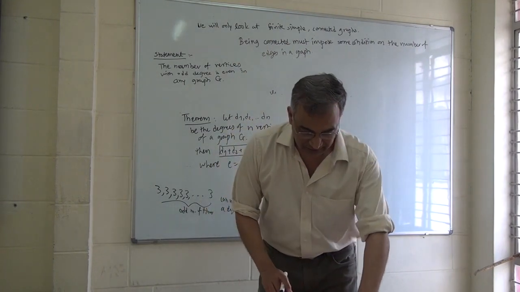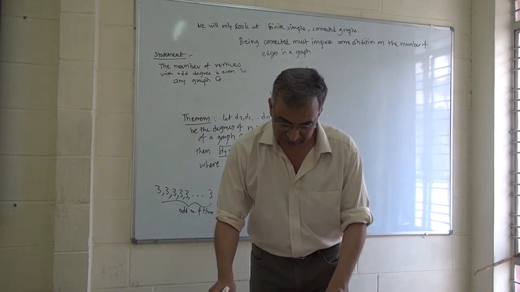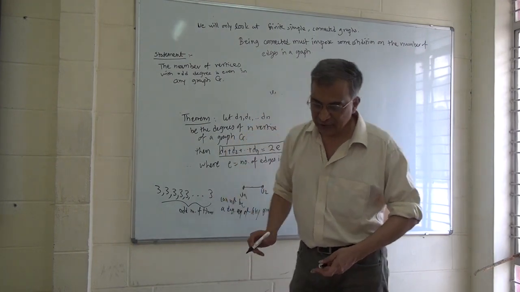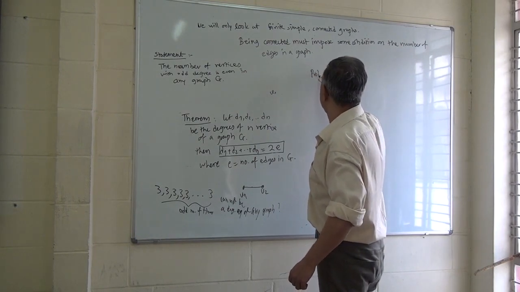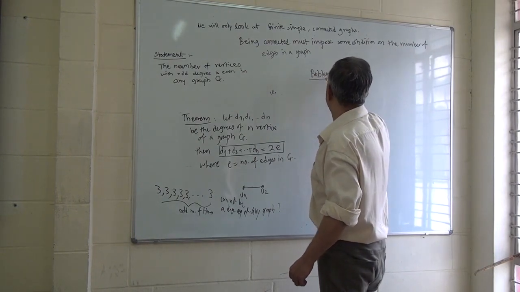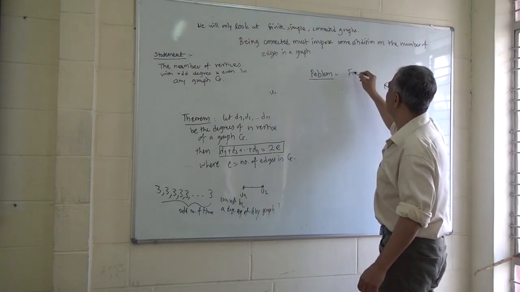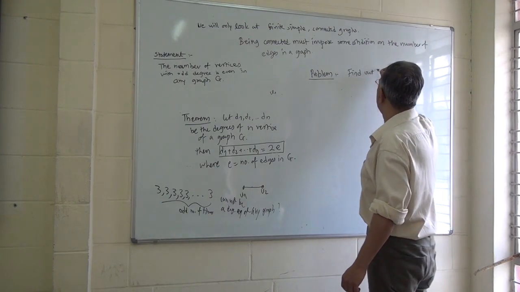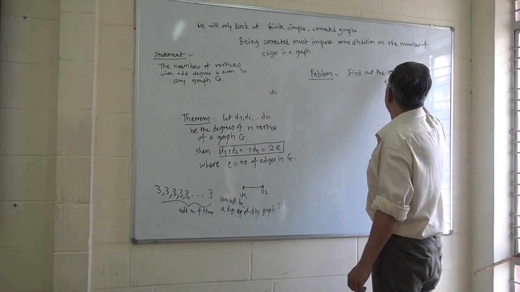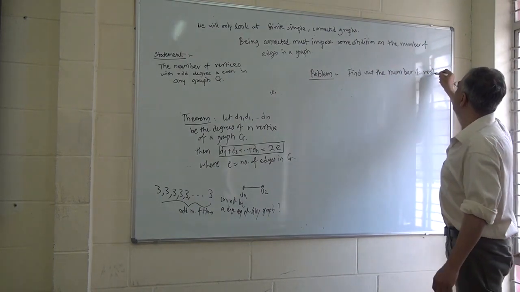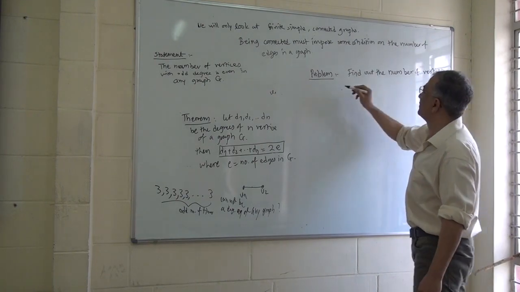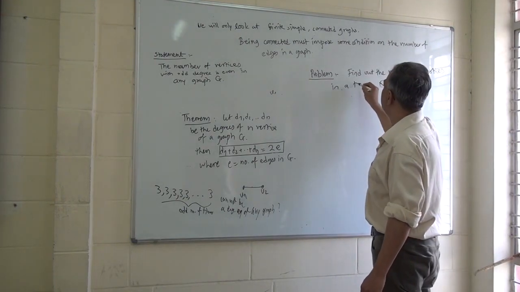So what is that exercise? Let me find out here. Okay. So here is some strange tree. Here is a problem. Find out the number of vertices in a tree.